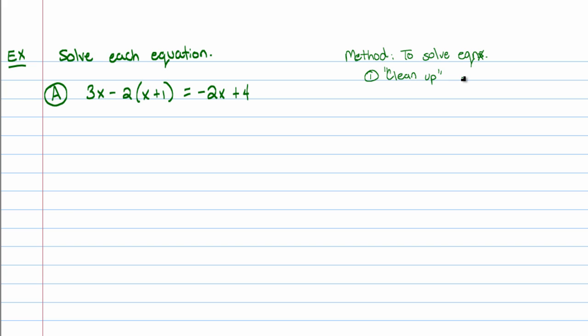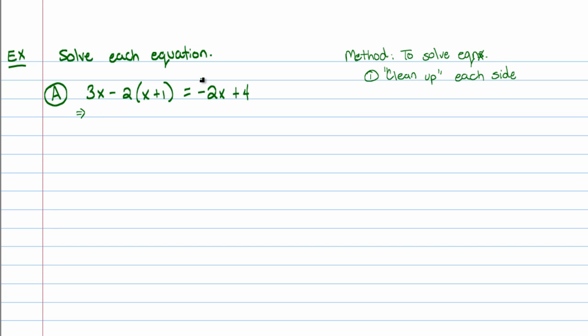Clean up each side. What that means, at this point in mathematics, you should already know this, is essentially make sure you have no parentheses, no grouping symbols. You combine like terms. So on each side, that's what we're going to do. So this would imply, and by the way, your math instructor would be very impressed if you stick with this notation. This equation is not equal to another equation.